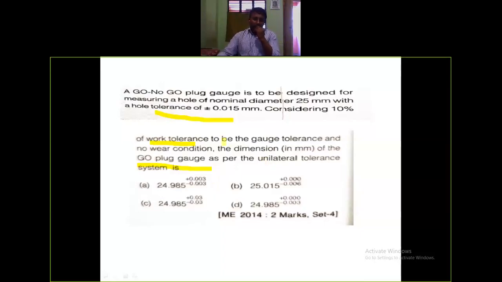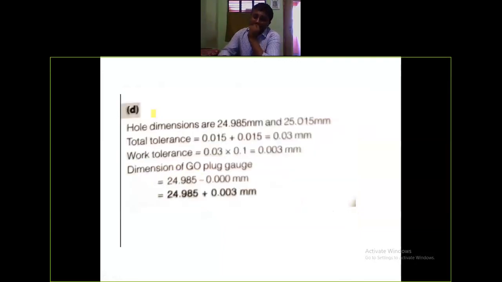Looking at this question, the total tolerance is given as plus minus 0.015, so the total tolerance will be 0.030.